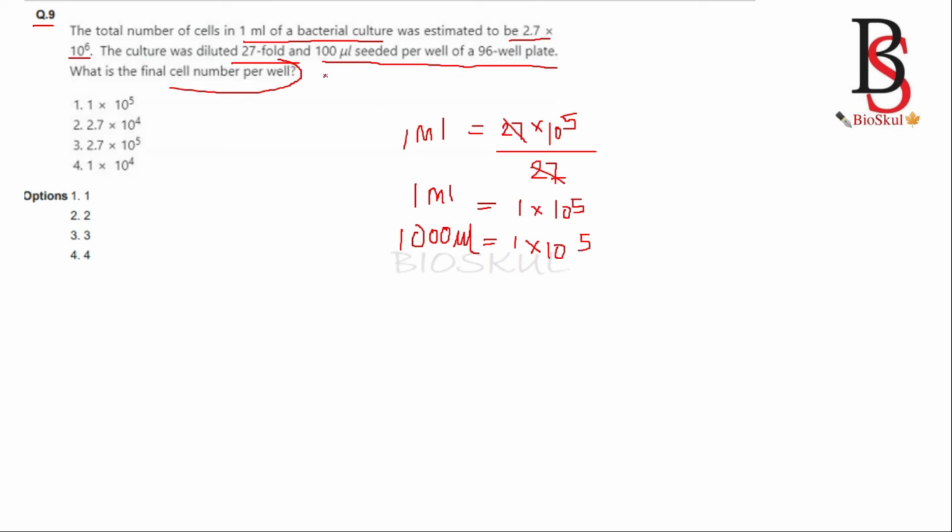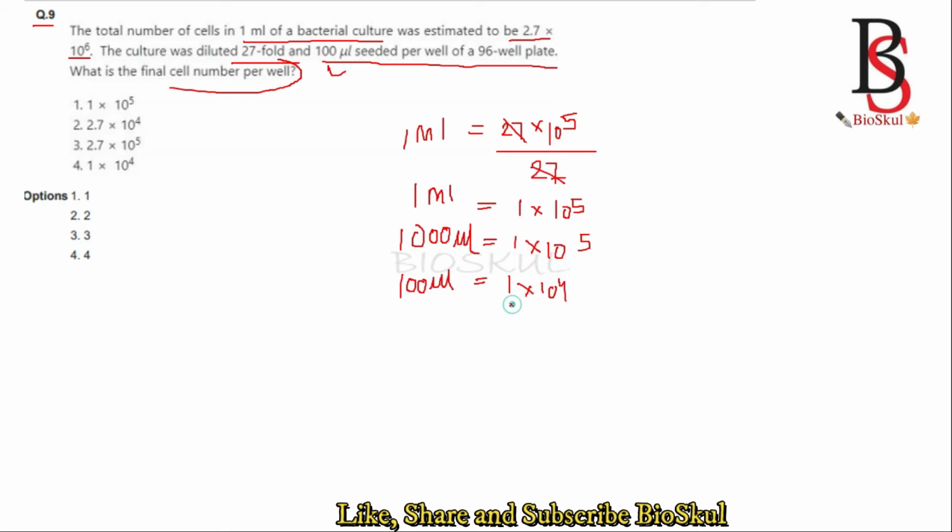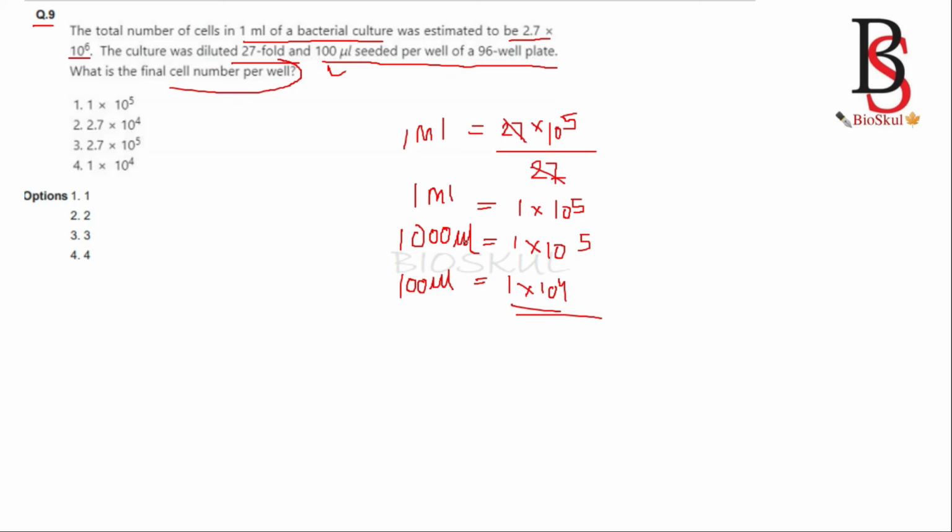So it is asking about 100 microliter. The final cell number per well, if it is taken into 100 microliter, then it is 1 into 10 to the power 4. The final cell number per well will be 1 into 10 to the power 4. That is option 4, the correct answer.